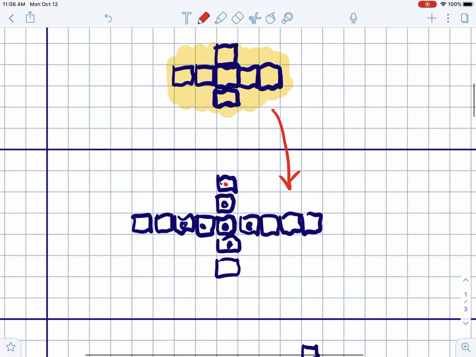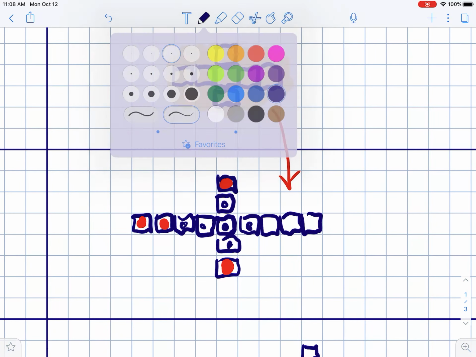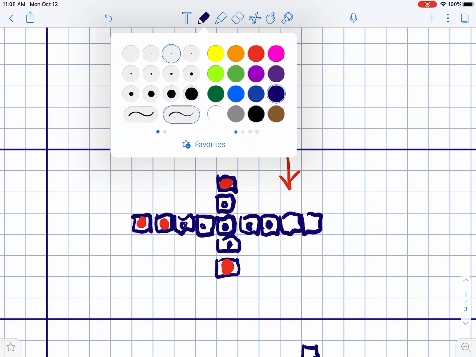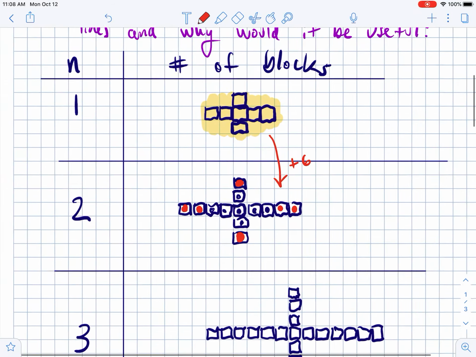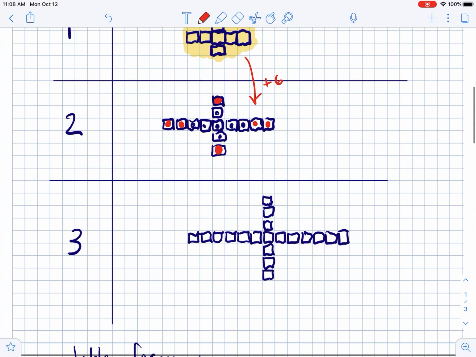The blocks that got added are this top one, this one, and 2 on either end. If you count up those red dots, 1, 2, 3, 4, 5, 6, that means there was a plus 6. 6 blocks got added.